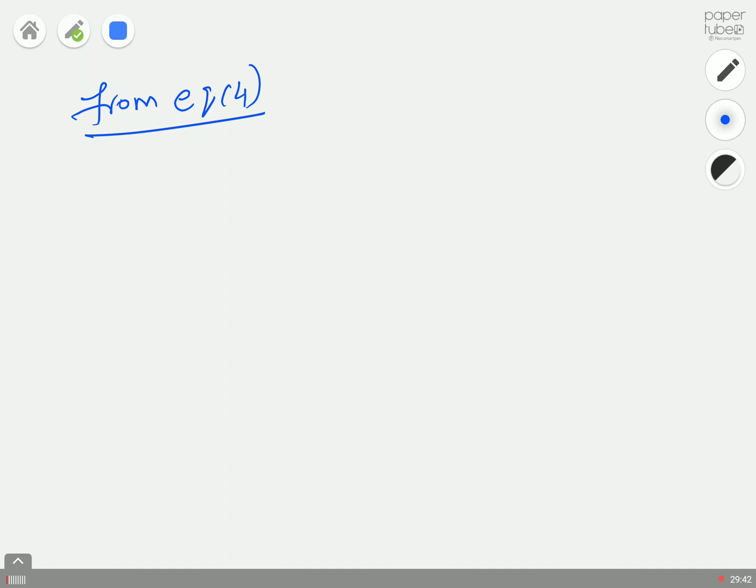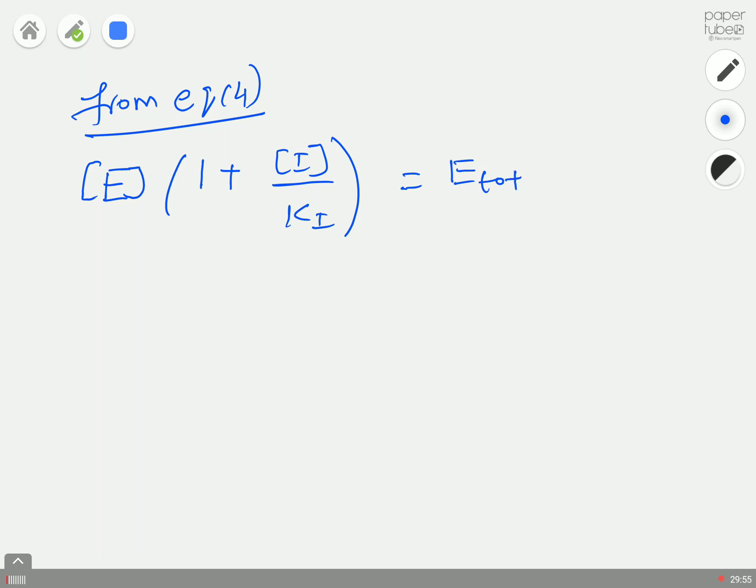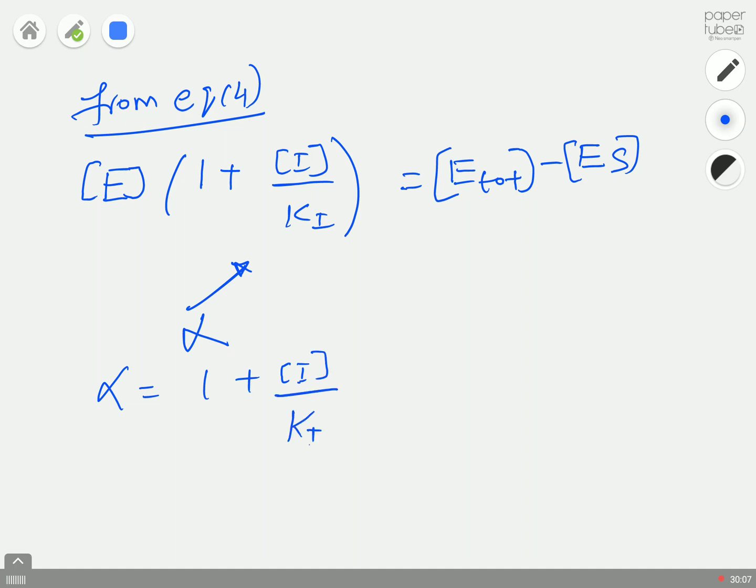So we can rewrite equation 4 like this: your enzyme concentration multiplied by 1 plus inhibitor divided by Ki will be equal to E total minus ES. Just for convenience, I'm going to call this parameter alpha. So alpha will be equal to 1 plus concentration of inhibitor divided by the equilibrium constant, or you can call it the inhibition constant, Ki.